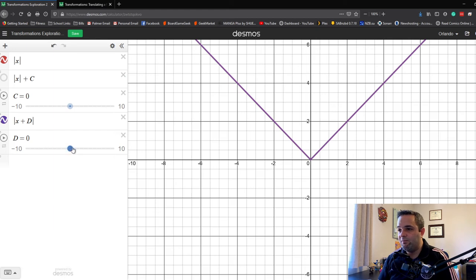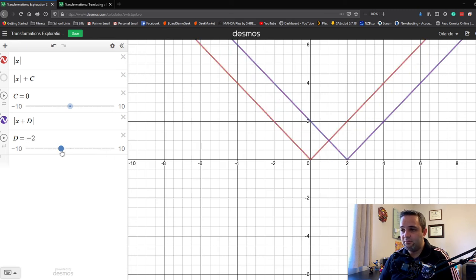So let's see. Yep, it did that. It's doing exactly the same thing as we saw with x squared. So if I make D -1, -2, -3, etc., it should move to the right. Yep, I see that happening too.